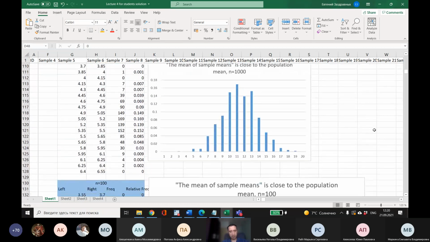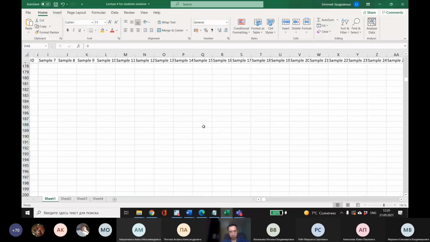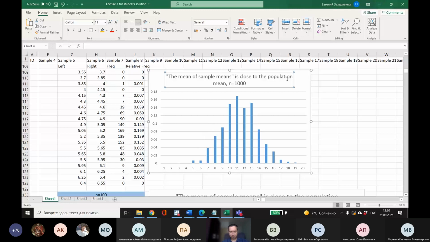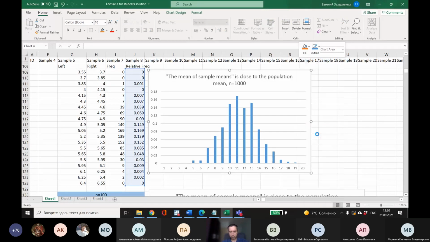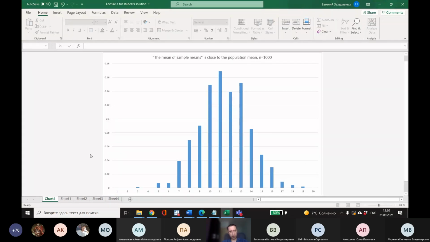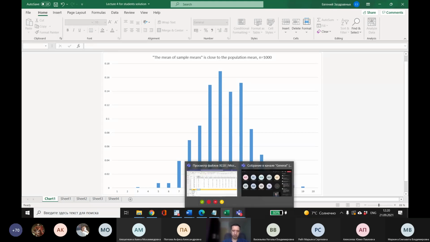But if I use 1,000 surveys, look, my distribution is closer to a normal one, and more values are close to the population parameter. Wow. And if n is infinity, the distribution must be a normal one. That's a rule.